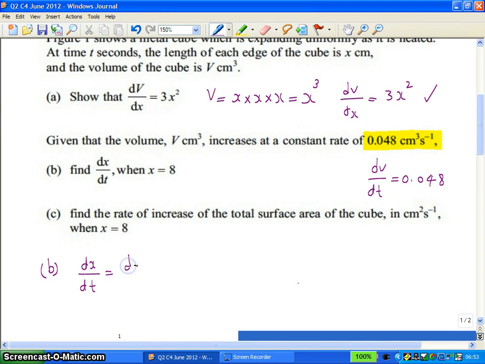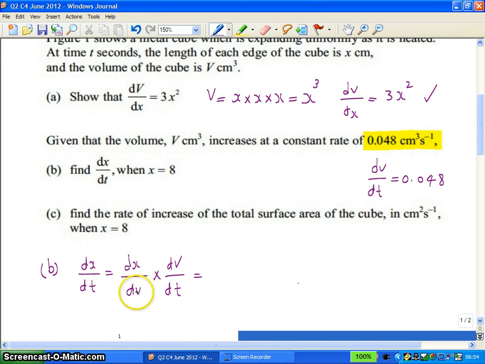So keep dx/dt the same, but then I'll divide by dV and times by dV, so that I can maintain the balance of the equation. So the left hand side of the equation is exactly the same as the right hand side, but on the right hand side I've got enough information to solve the problem.